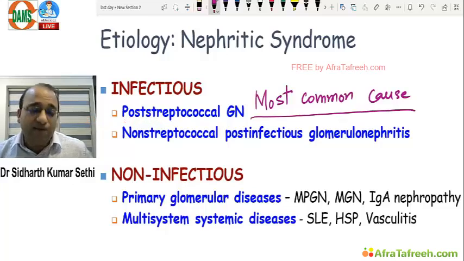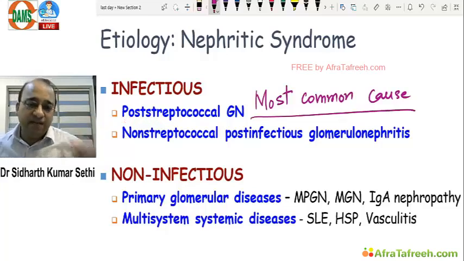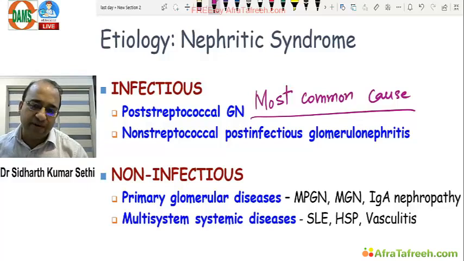But students, every week of my life, I see one post streptococcal glomerulonephritis coming to me from North India. It's common in this part of the country.